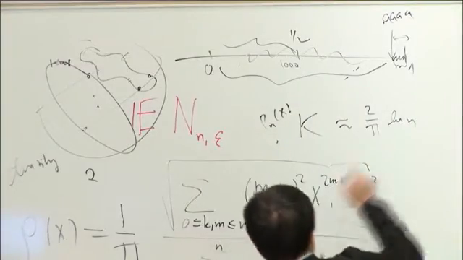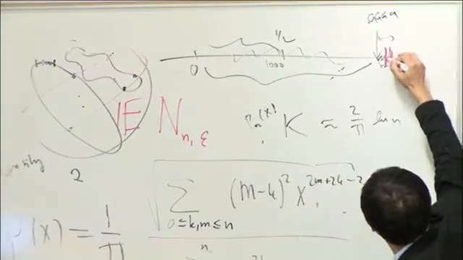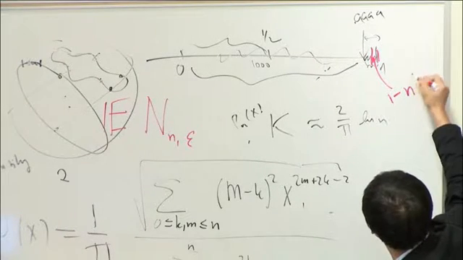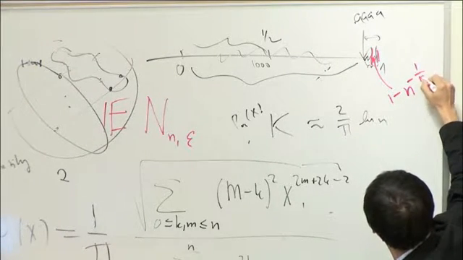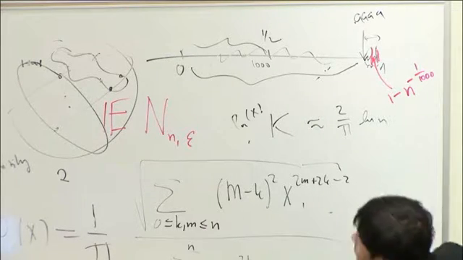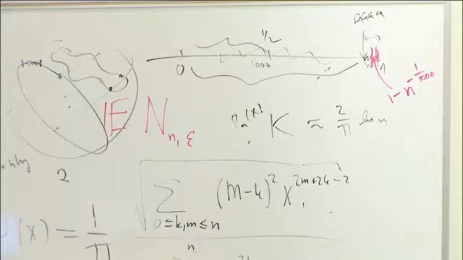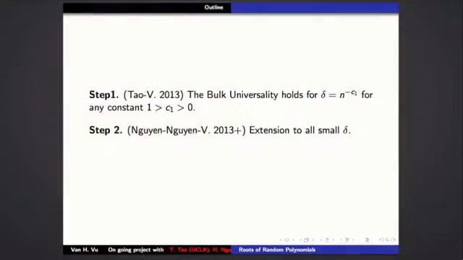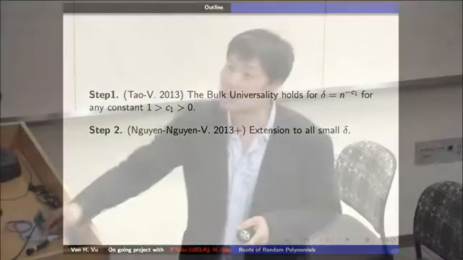So we go even to here, like 1 minus n to the minus 1,000. And then we prove that, which is actually where 80% of the work is. Then we use a different trick to extend the first result to all small delta.